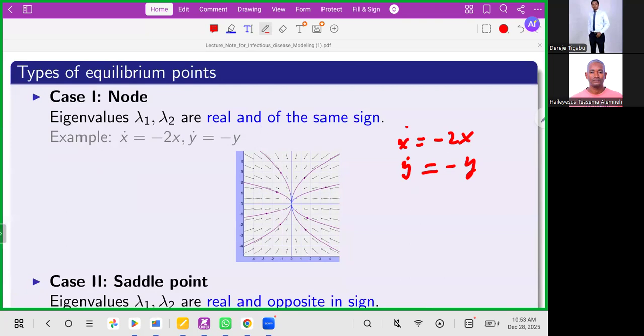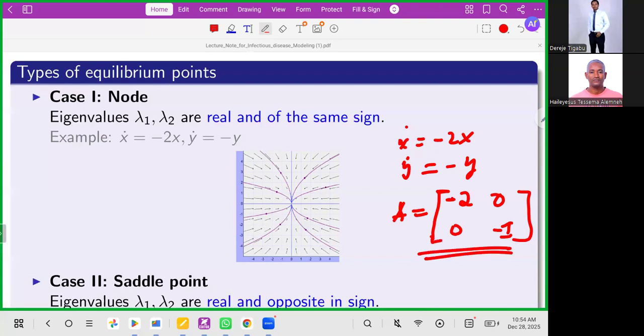And in terms of a matrix, you can represent this one as minus 2, 0, 0, and minus 1, which is the coefficient matrix. And directly from this, what are the eigenvalues? The eigenvalues are lambda 1 equal to minus 2 and lambda 2 equal to minus 1.